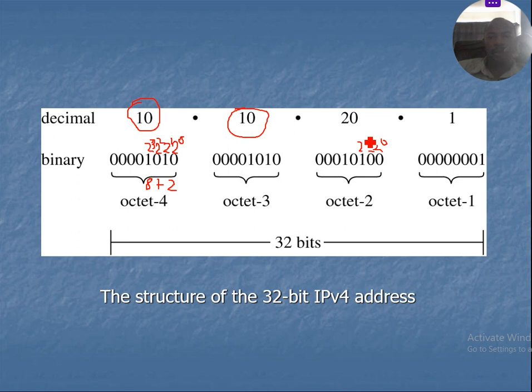Then 1 times 2 to the power of 3, then 0 times 2 to the power of 3 in this place, then this one is 1 times 2 to the power of 4.